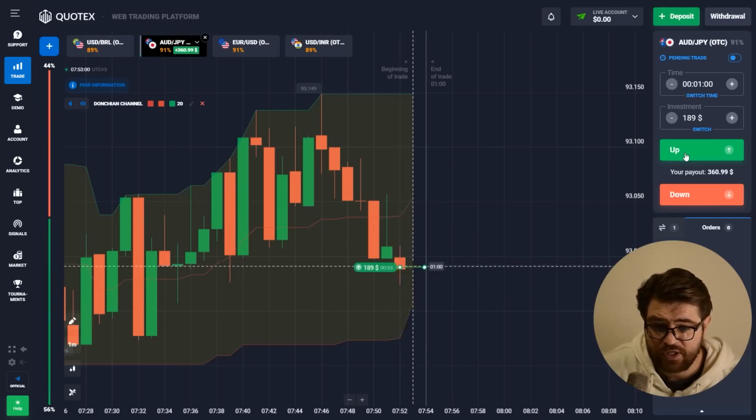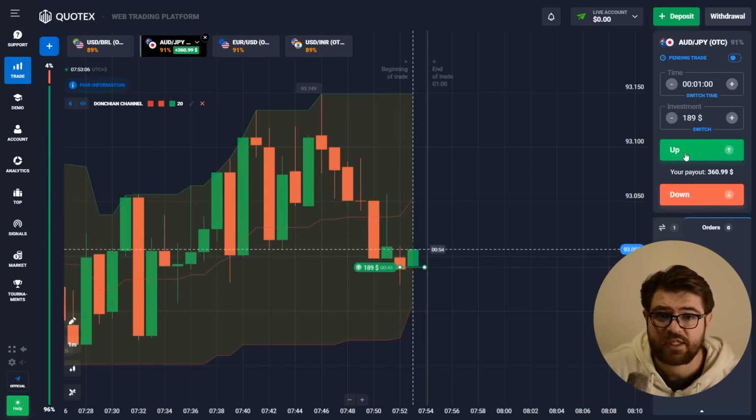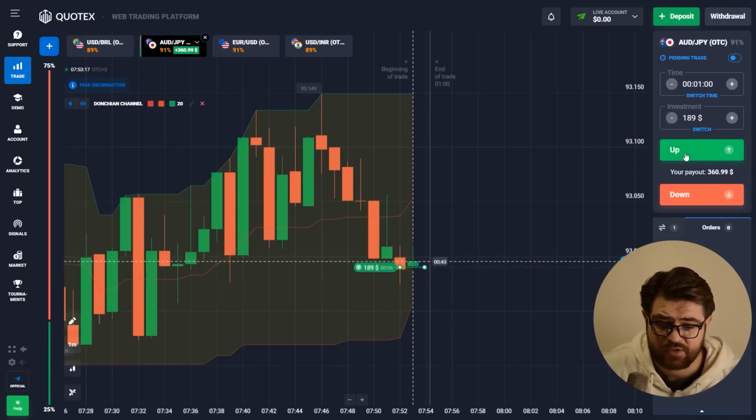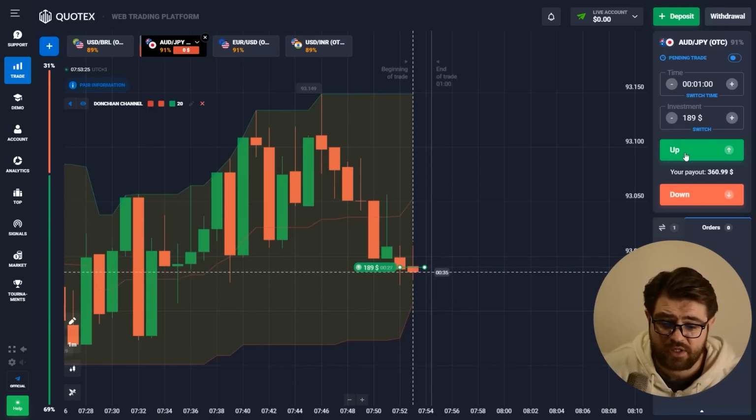Obviously it's very volatile. A 1 minute graph is quite volatile, but if you're familiar with some basic technical analysis, you will understand that by drawing a support line here, we can see the patterns in the graph, and we can predict which way it's going to go. It's not 100% all the time.